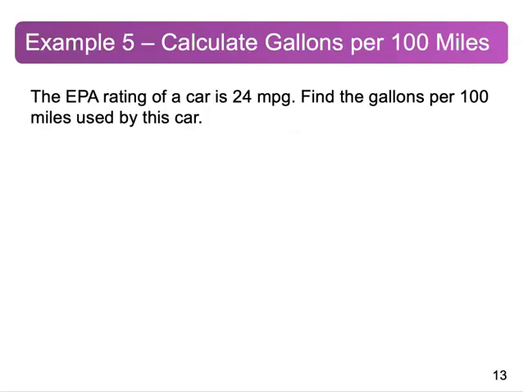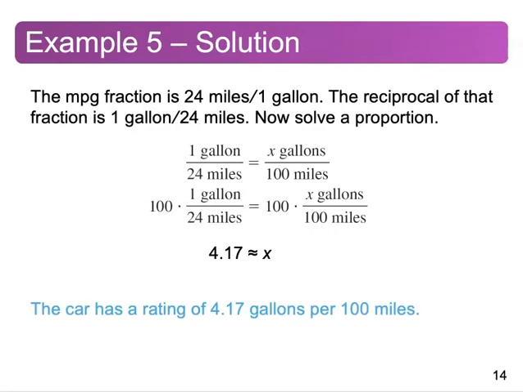So if the EPA rating for a car is 24 miles per gallon, and we wanted to know the gallons per 100 miles used by this car, this calculation that the EPA is also using, one of the things that we can do here is use our skills from chapter 2 with dealing with problem solving. So here, miles per gallon needs to be thought of as 24 miles per gallon.